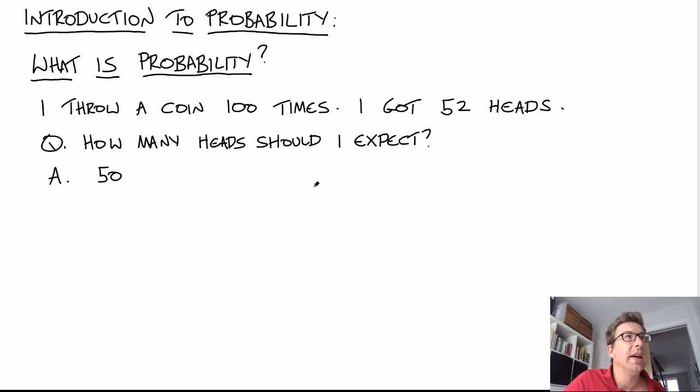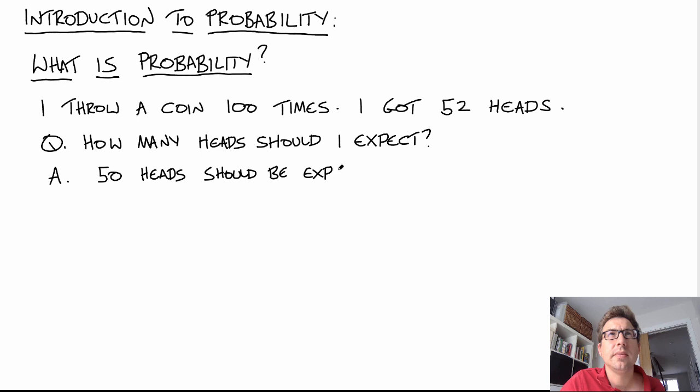So 50 heads should be expected. It isn't necessarily what happens. There's a little bit of an error of 2 here, and in fact later on in the course we'll focus quite a bit on what these errors should look like.